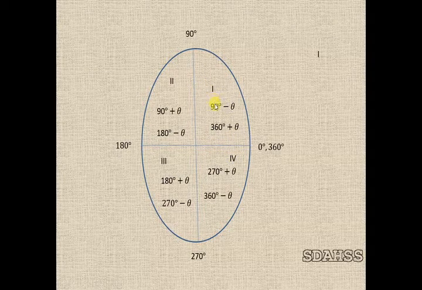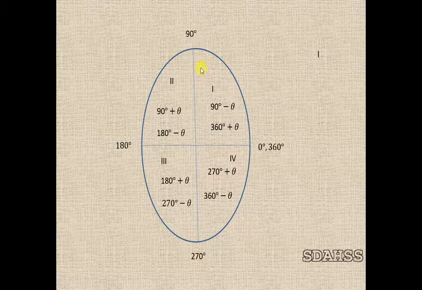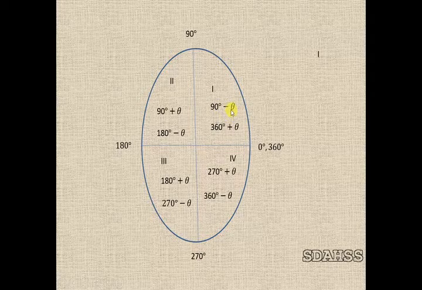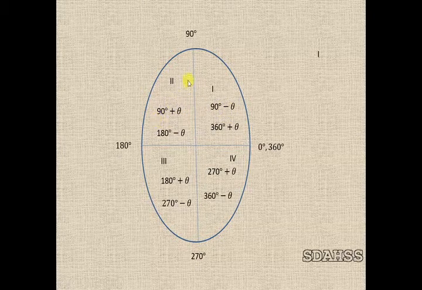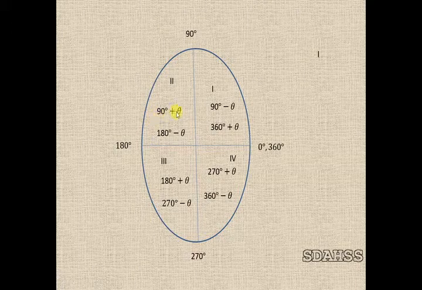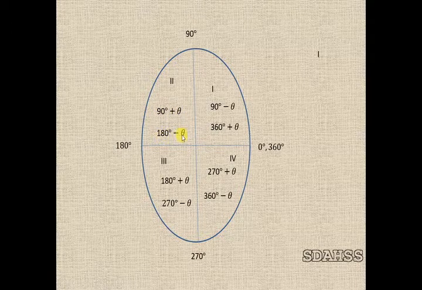The first quadrant lies between 0 and 90 degree, that is 90 minus theta. The second quadrant lies between 90 and 180, that is 90 plus theta or 180 minus theta.